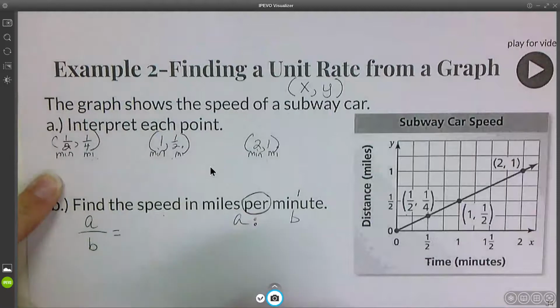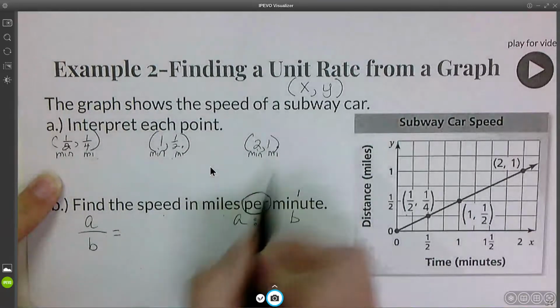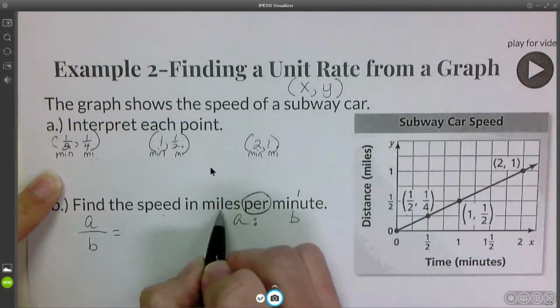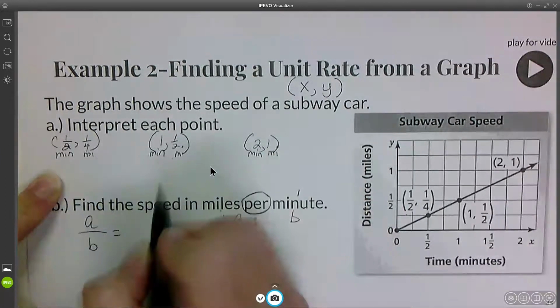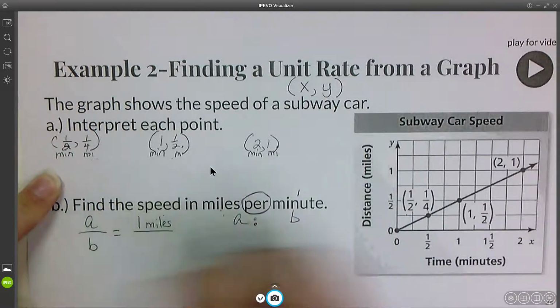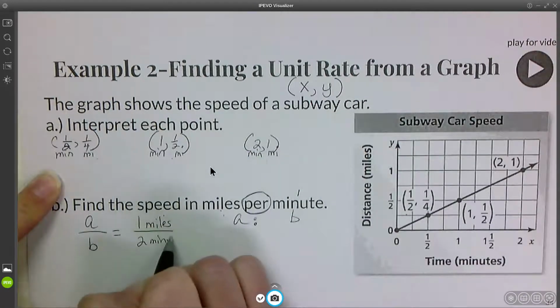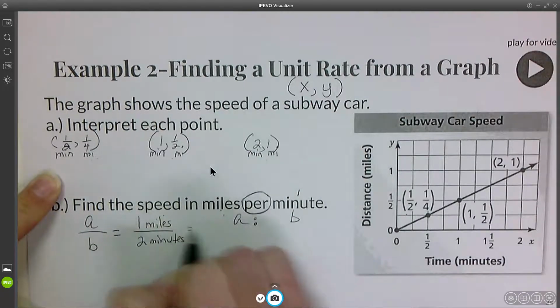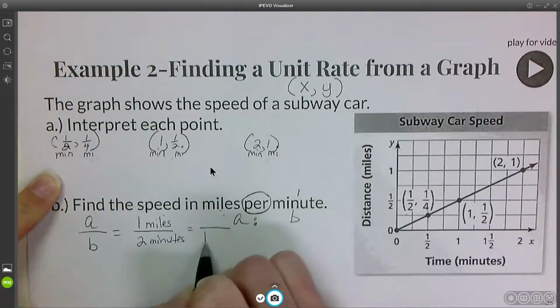So to find that, I'm going to put my miles, which was 1. So miles comes first, even though it's our second number. And that's going to go here, 1 mile over minutes, which was 2 minutes. And I'm going to use this to calculate my unit rate, or per 1 minute.